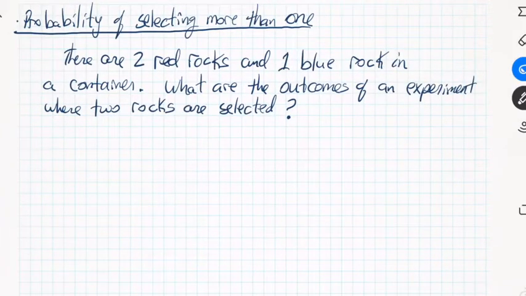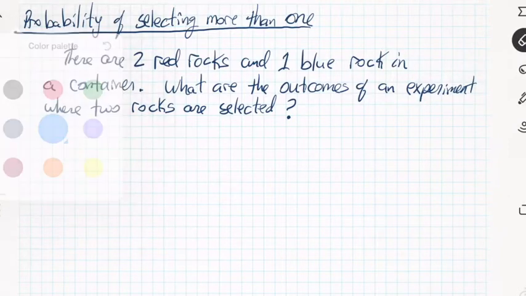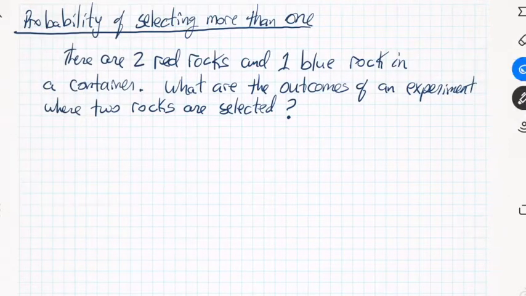All right, now it's time to talk about, instead of the probability of a single thing happening, the probability of multiple things happening. So I've set up a very simplistic experiment here. I have a container that has 2 red rocks and 1 blue rock. And I'm curious about what the outcomes of the experiment are, because if I can figure out what the outcomes are, then I also can figure out certain probabilities based on this outcome.